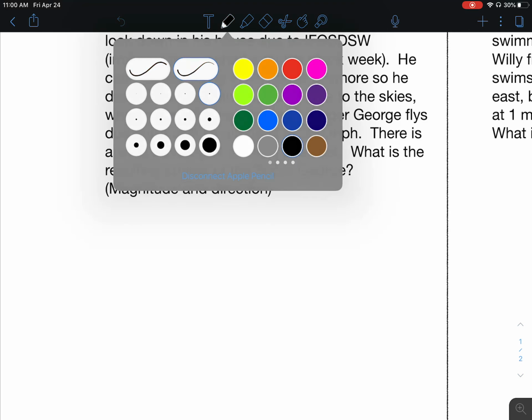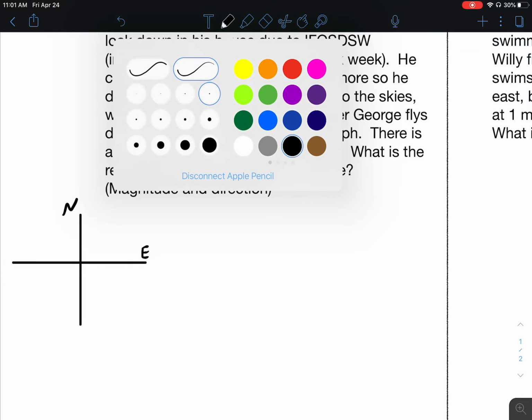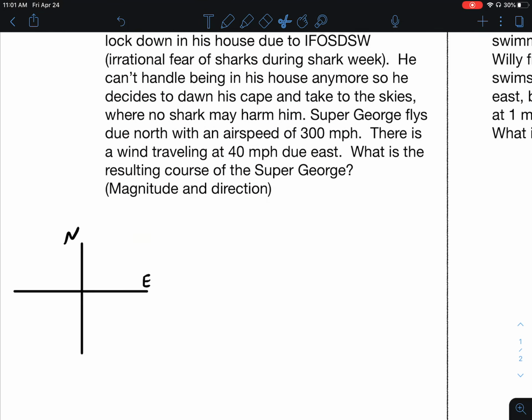So let me first draw a coordinate plane. And let's just assume that this is north and this is east, although you don't have to do it that way. One of our vectors, he's flying north with an airspeed of 300 miles per hour. So I'm going to end up changing this picture a little bit, so just bear with me here.